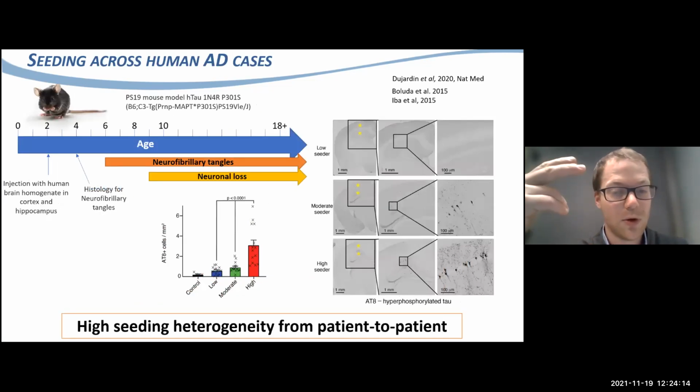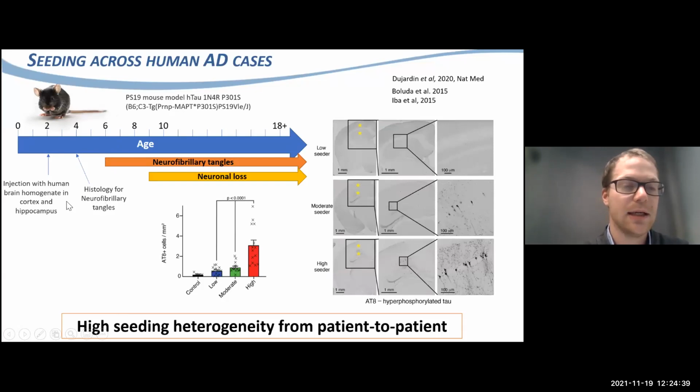And furthermore, we did an in vivo assay using a transgenic mouse model of tauopathy, not really Alzheimer's, that develops tau pathology around 6 months of age. So what we did was to inject earlier than that, at 2 months, and sacrifice the animals around 4 months, before they were supposed to develop pathology.